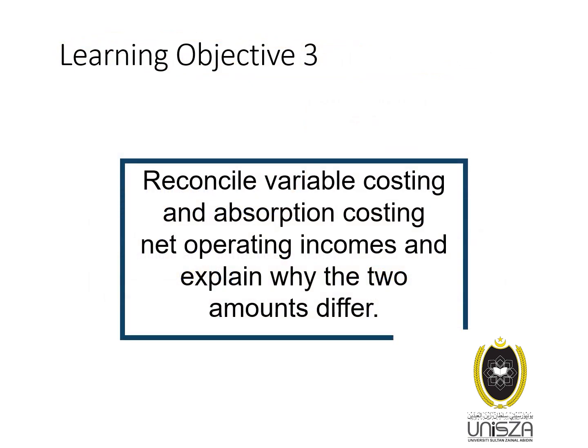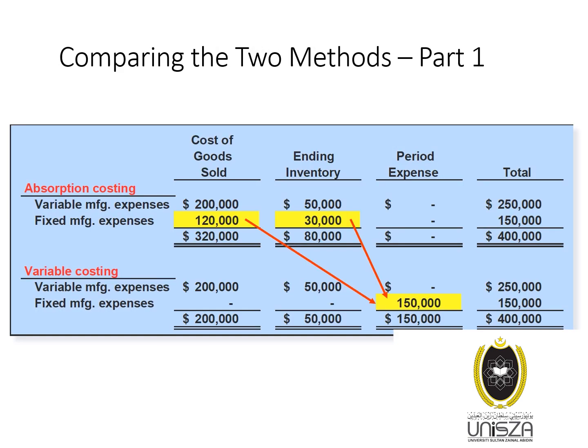Learning objective 3. Now we're going to reconcile the difference of the net operating incomes of variable and absorption costing. We want to show where the difference is derived. Actually, we know that it comes from the fixed manufacturing overhead cost. So this is comparing the two methods, absorption and variable costing.